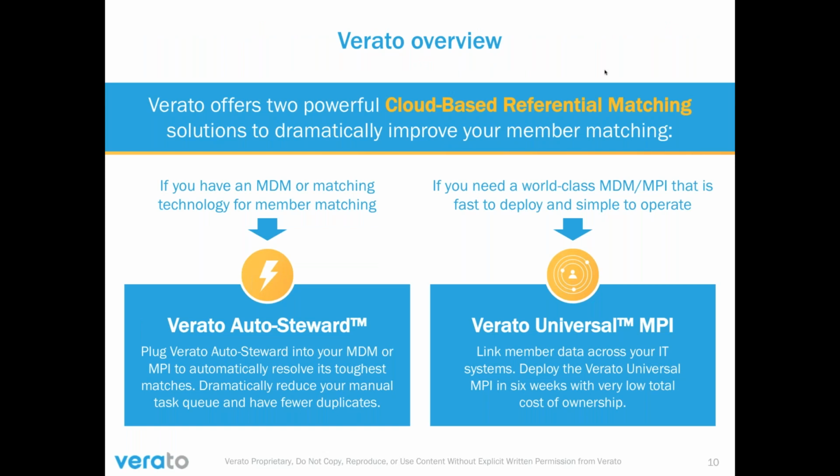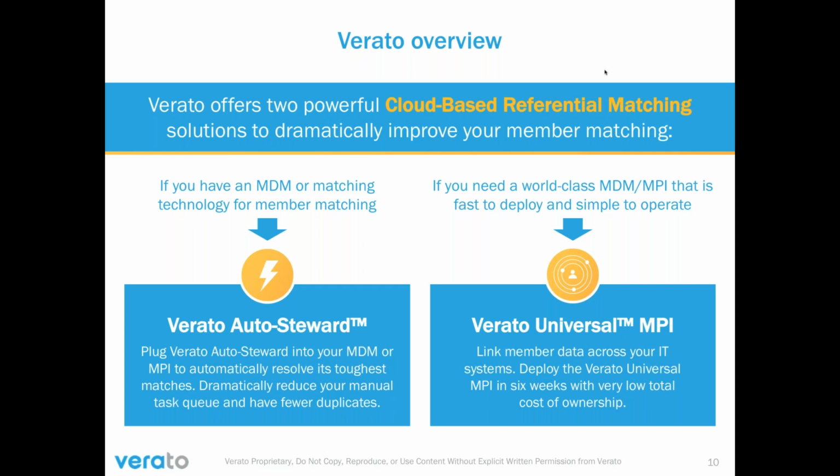That brings us to the 2 products that we deploy and market in this space, naturally aligned to what I just talked about, both based on this referential matching concept.